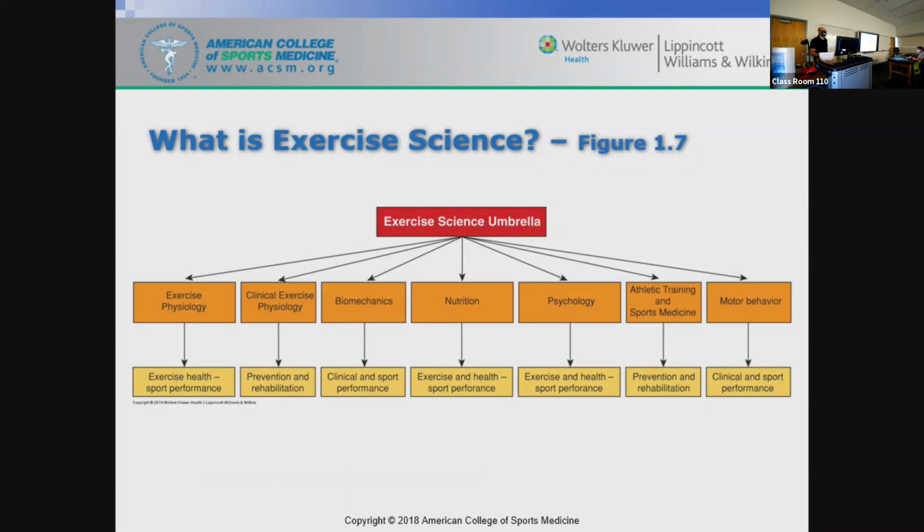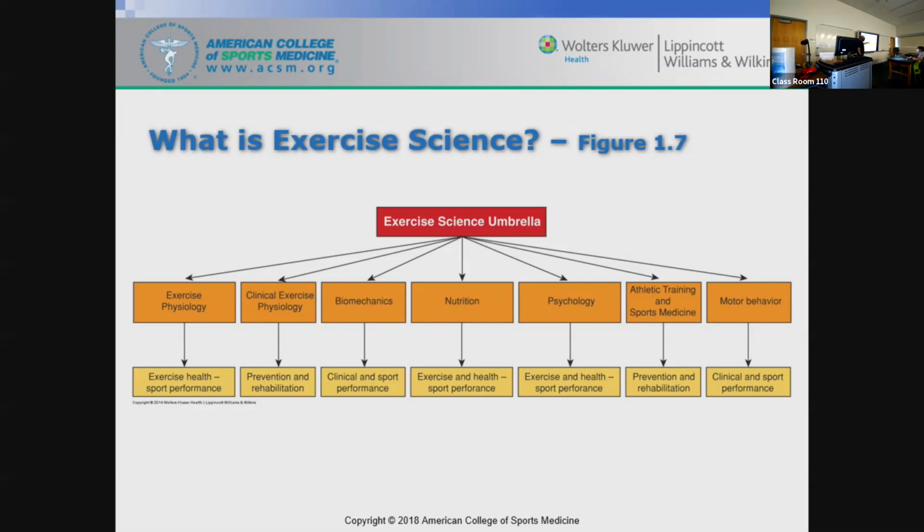So the umbrella terminology that we have. We have a lot of different fields, and we're going to go into most of these throughout the semester. Exercise physiology, clinical exercise physiology, biomechanics, nutrition and dietetics, psychology, athletic training and sports medicine, and motor behavior.